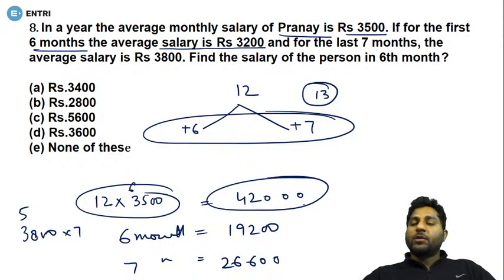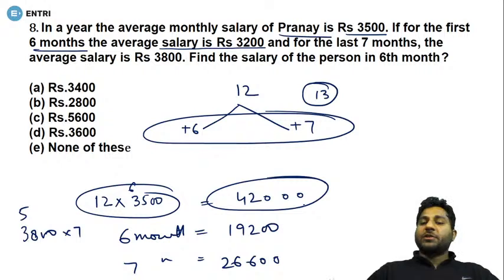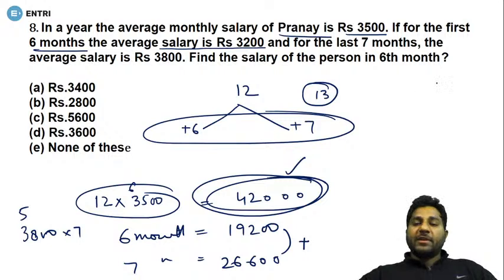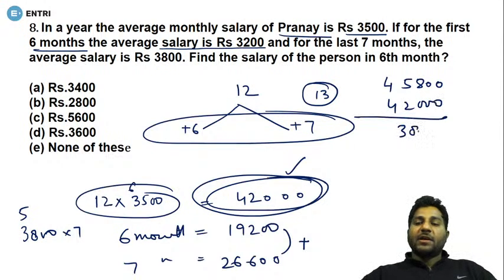So what we could do to solve this kind of question with the simple method, just add these two values and subtract the 42,000 from the sum of these two values. That means 43,700, and we'll subtract 42,000. That means 1,700 will be the correct answer.